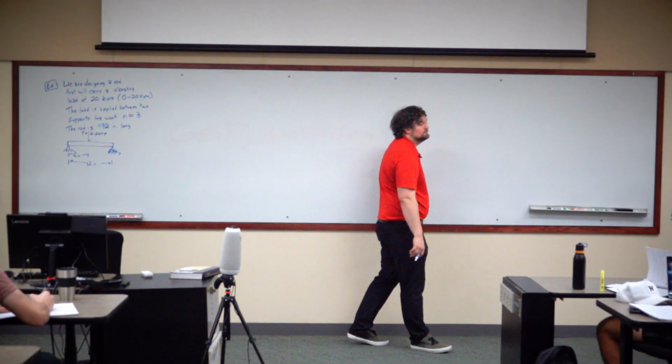And we'll say here is our 0 to 20 kip load F, right in the middle, located at 6 inches, and then this is going to be a 12-inch long beam. Okay? What do we do now?